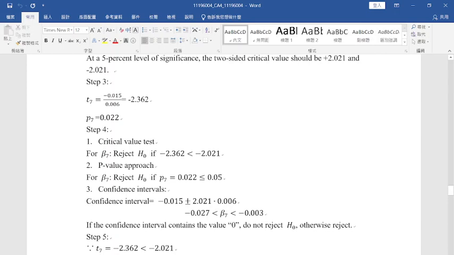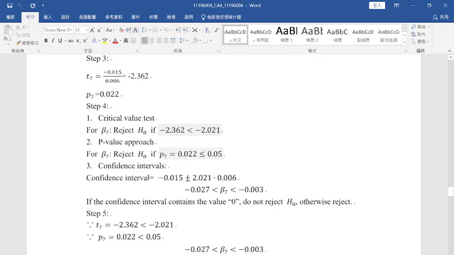If the t statistic is beyond the critical value, we reject the null hypothesis. And if the p-value is smaller than 0.05, we reject the null hypothesis.